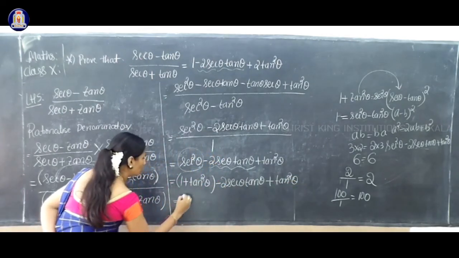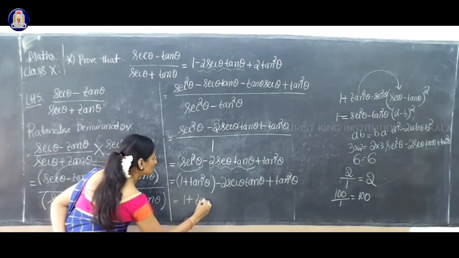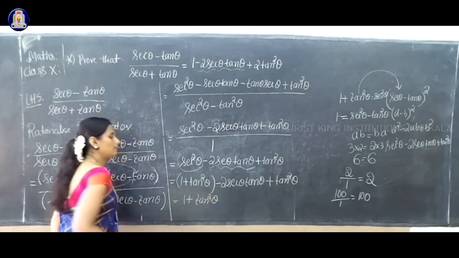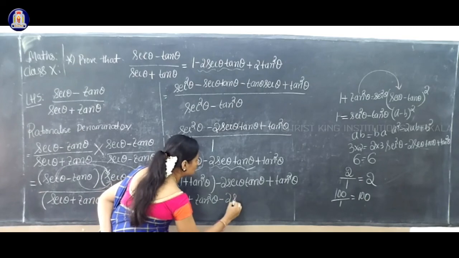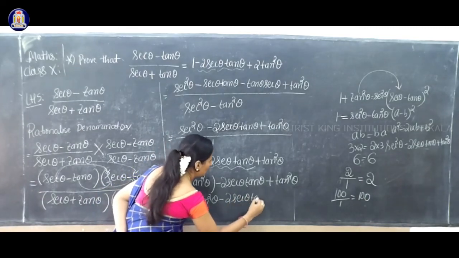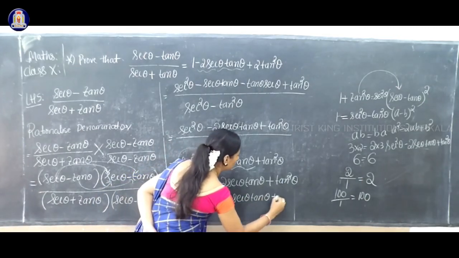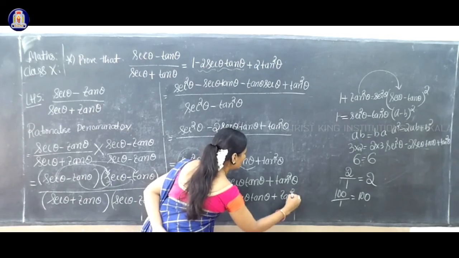Which is equal to 1 plus tan square theta, minus 2 secant theta into tan theta plus tan square theta.